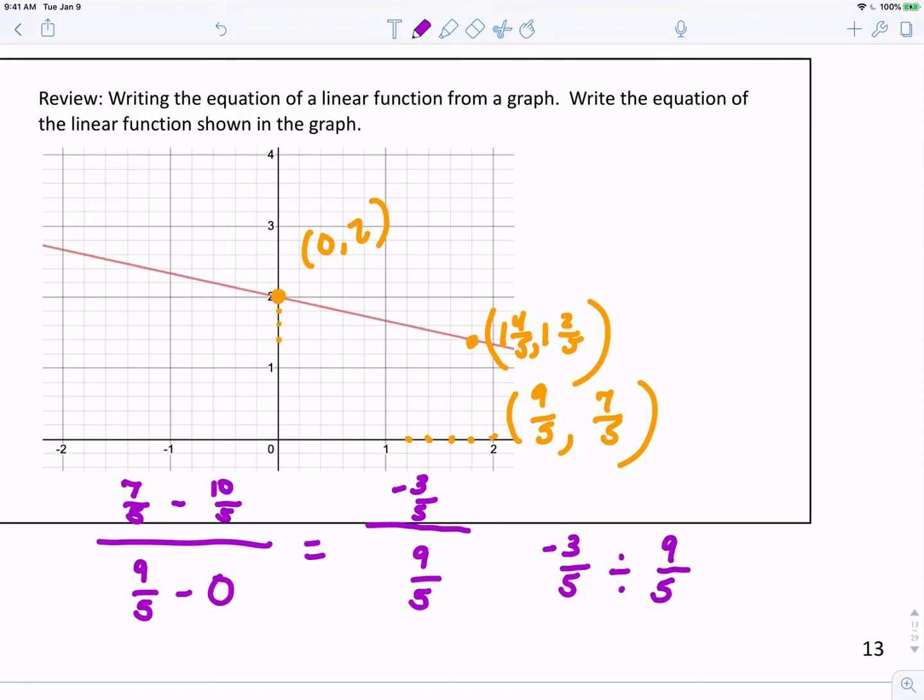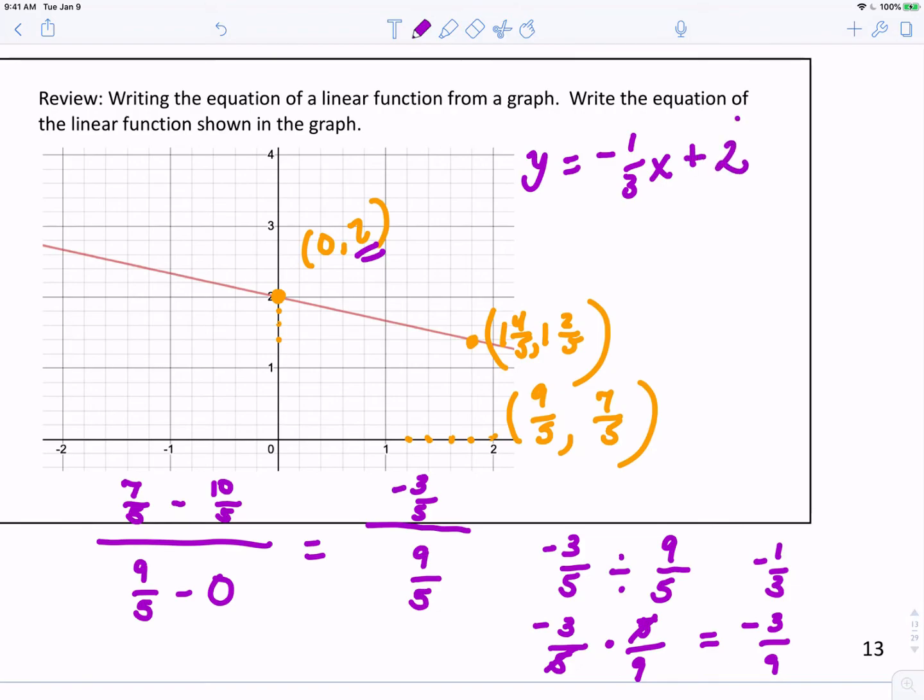So this will take you back to some old school arithmetic. That's 3/5 times 5/9. And so if we simplify that, we can see that the slope is -3/9, or in other words, the slope is -1/3. Okay? So using the y-intercept, y is equal to -1/3 x plus 2.